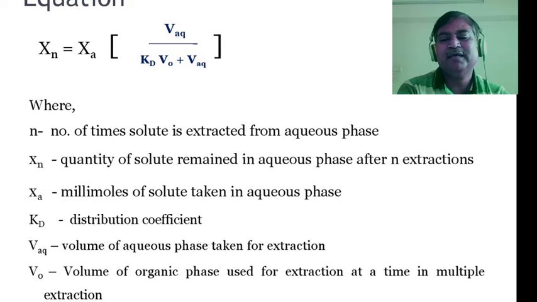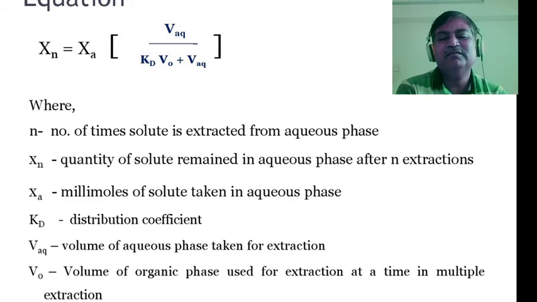That means N is the number of extractions. Second, Xn is the quantity of solute remained in aqueous phase after n extractions.